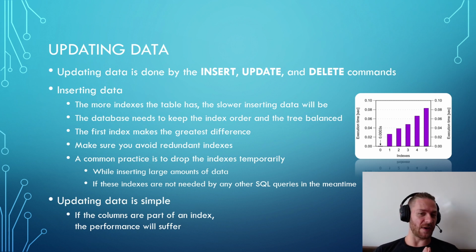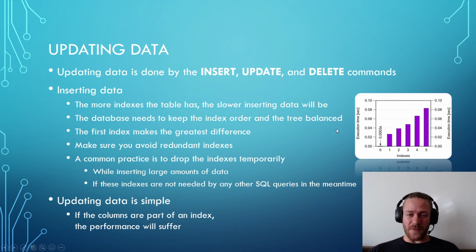So if we have a binary search tree balanced, then it means that every search operation should be as optimized as possible. So the database needs to keep the tree balanced on every insertion or every deletion.